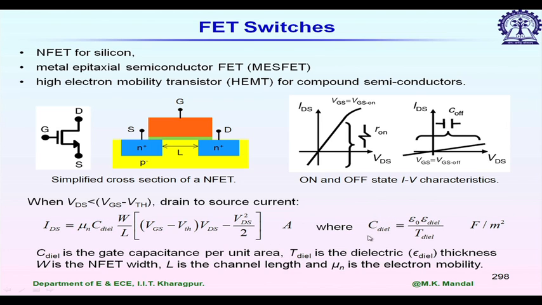It depends on whatever insulation we have used for the gate and the thickness of that insulation. So, C dielectric becomes a process parameter. Not only that, W by L is also a process parameter which depends on the fabrication procedure, and here L is the channel length and W is the width of the gate.